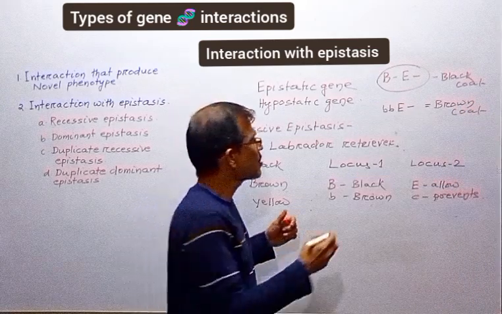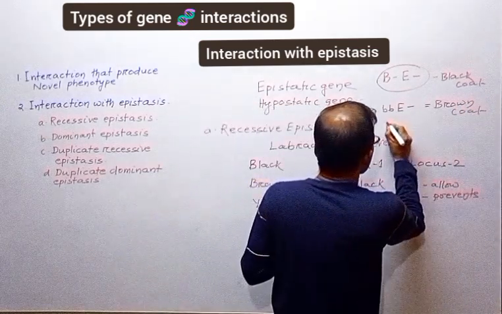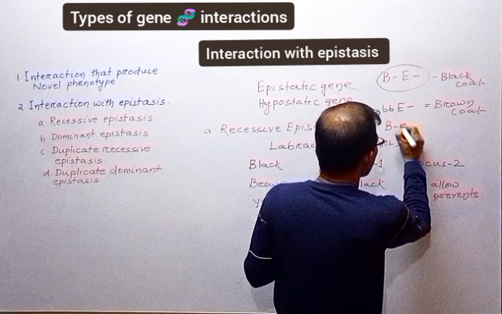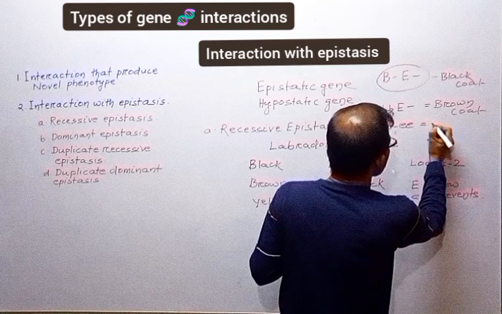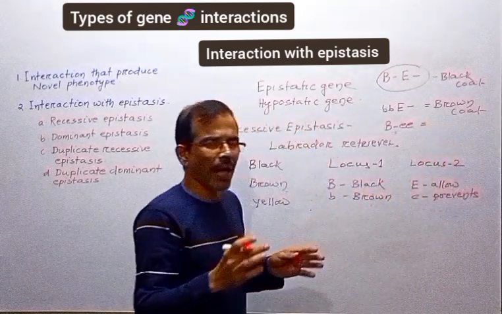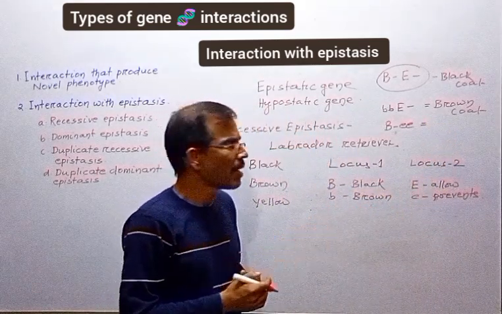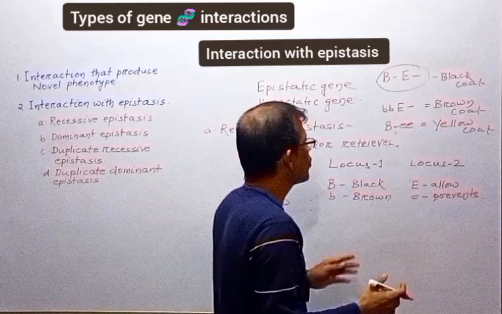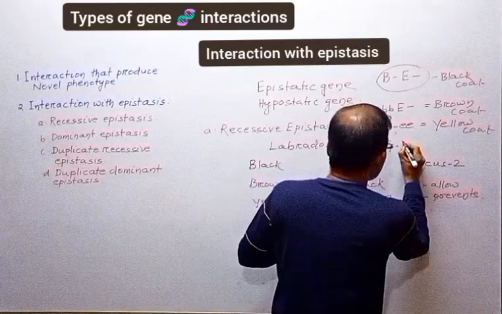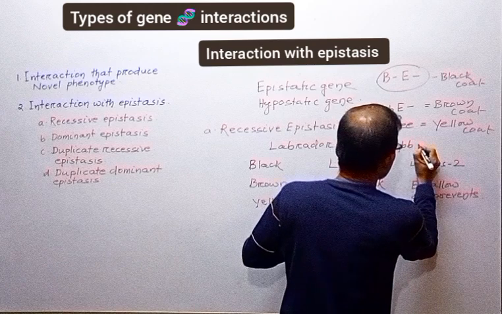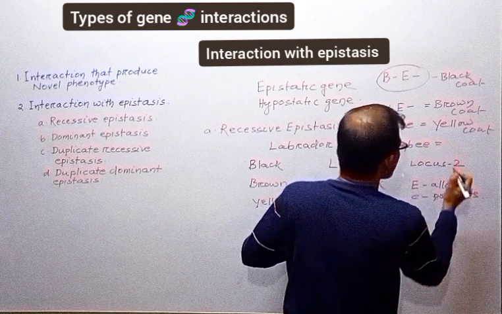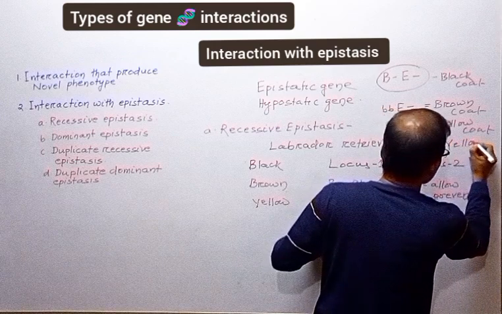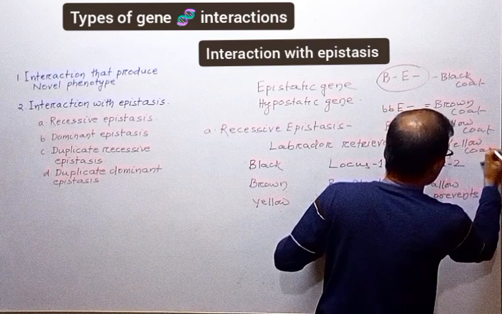But when the first locus has dominant alleles and the second locus has only recessive alleles, then the deposition of black pigment is prevented. As a result, coat becomes yellow. Similarly, when both genes have only recessive alleles, then also the phenotype is yellow coat.